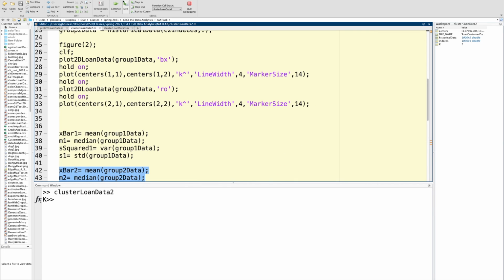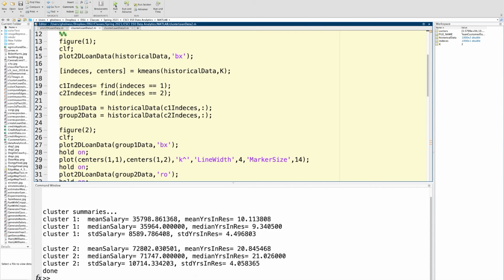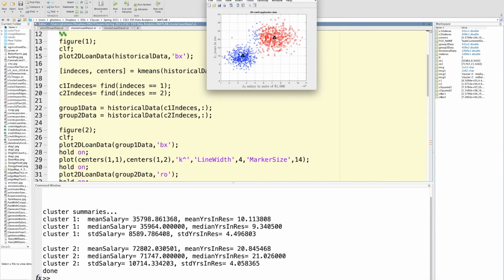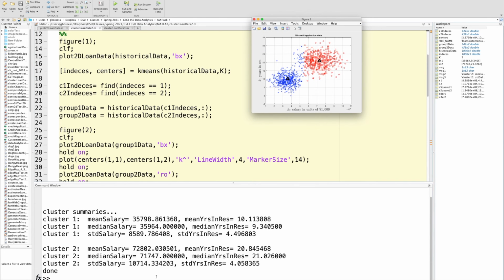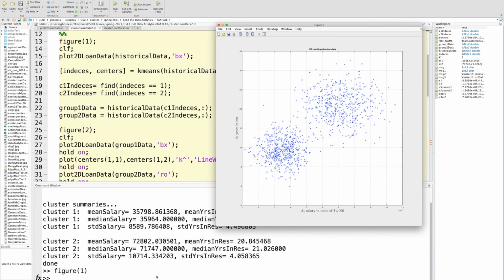So let's take a look at my graph. Let me continue here, and we'll look at the graph. Let me bring up figure 1, and let me bring up figure 2.